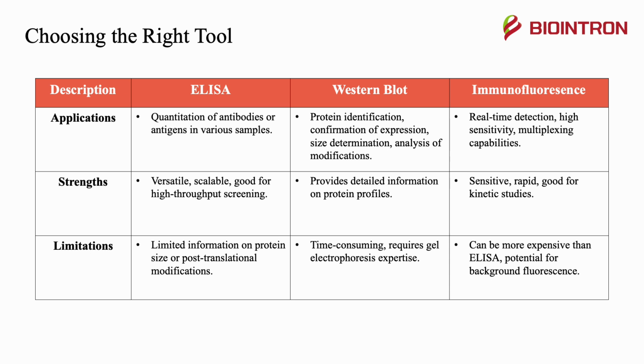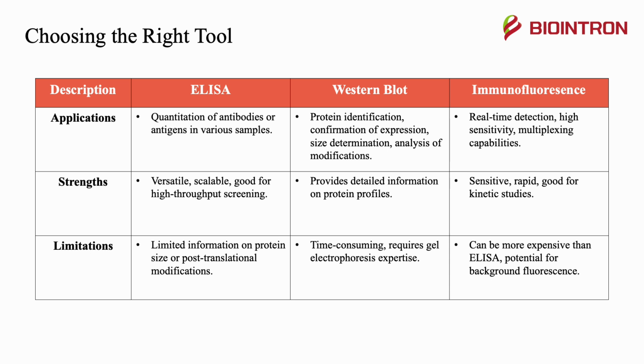It is important to understand the applications, strengths, and limitations of your diagnostic test. ELISA is often used for quantification of antibodies or antigens in various samples. It is versatile, scalable, and good for high-throughput screening.